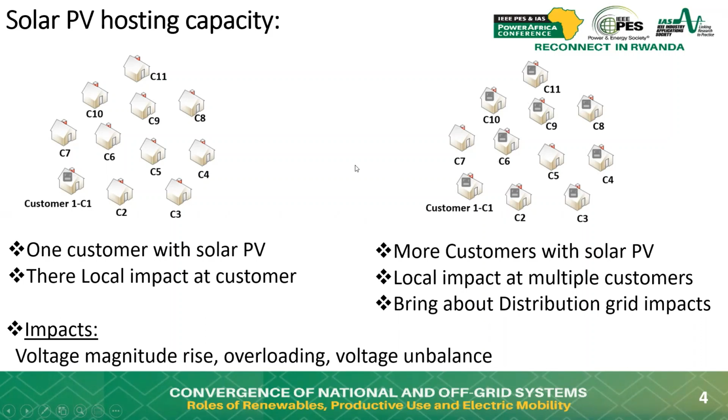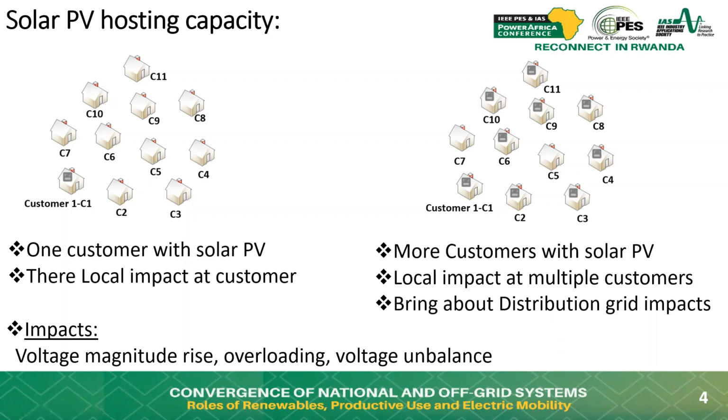So in this case, you have local impact at multiple customers in that distribution network. So this will actually bring about distribution grid impacts. Some of these impacts extend to the voltage magnitude rise, overloading, and the voltage unbalance.